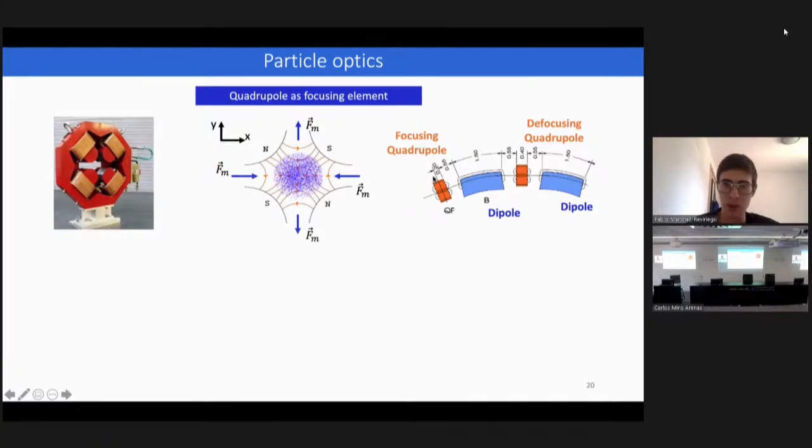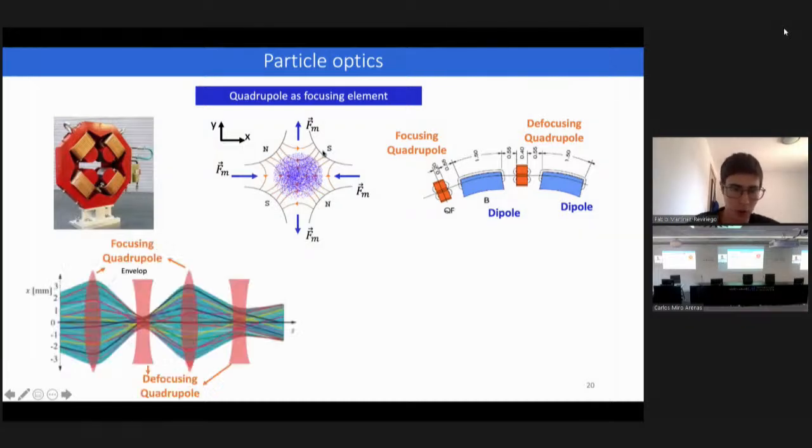So we have to mix focusing with defocusing quadrupoles in order to create a stable movement in the beam particle. You can see that here it is focused in one direction and defocused in the other, and here it is the opposite. So in the end, the particle's motion is stable.